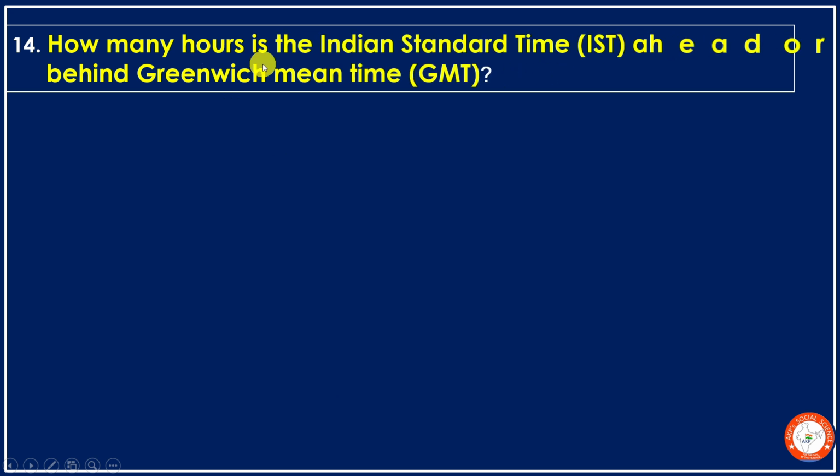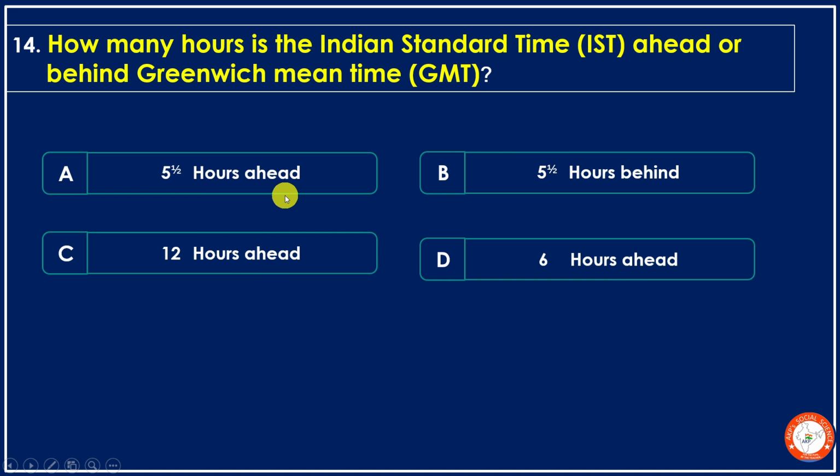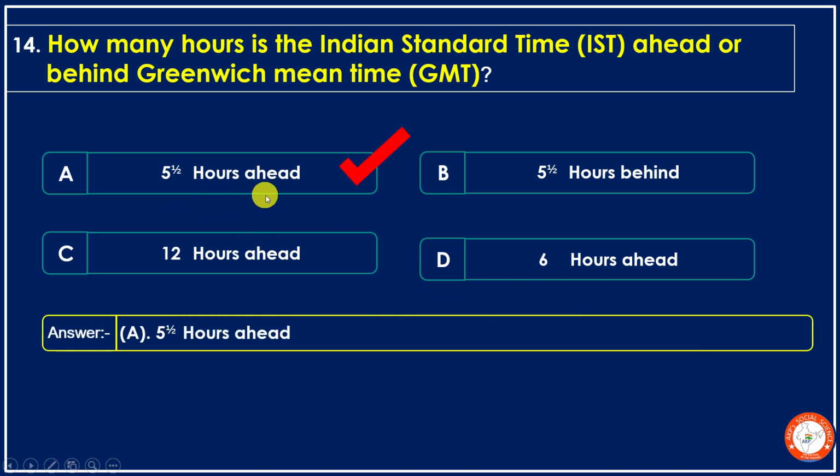How many hours is the Indian Standard Time or IST ahead or behind Greenwich Mean Time GMT? 5.5 hours ahead, 5.5 hours behind, 12 hours ahead, 6 hours ahead. The correct answer is 5.5 hours ahead.